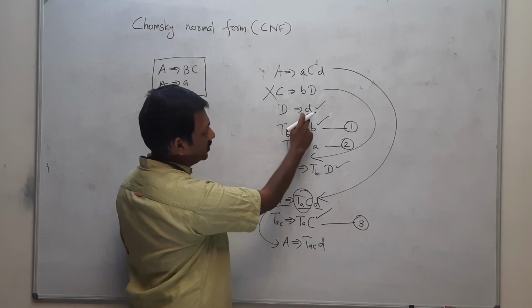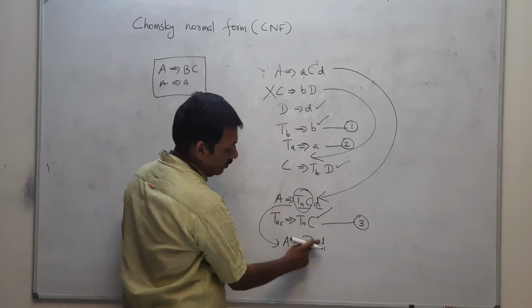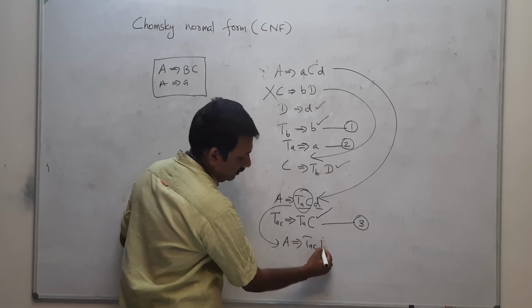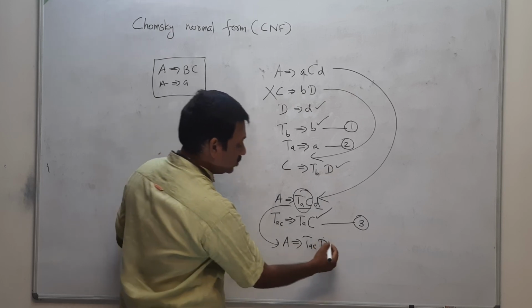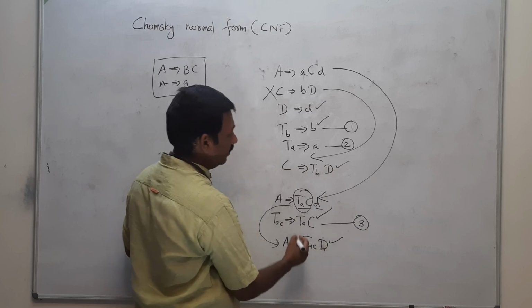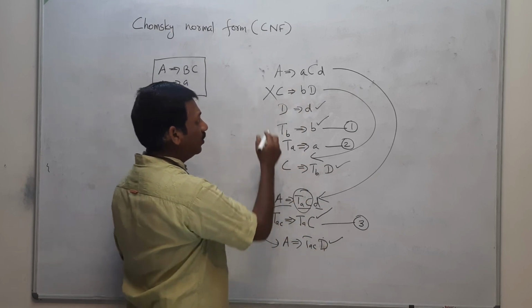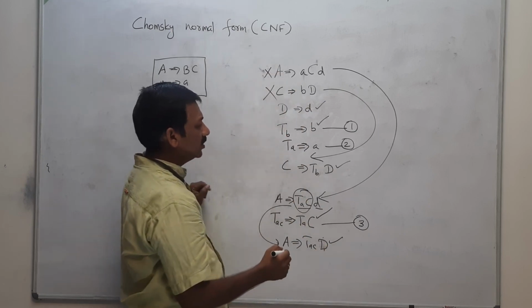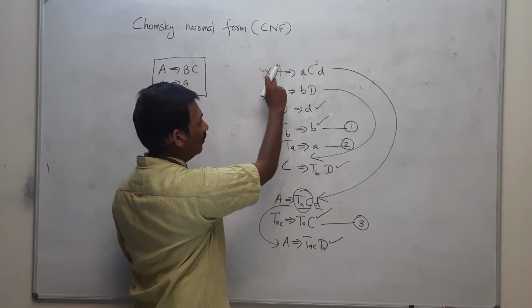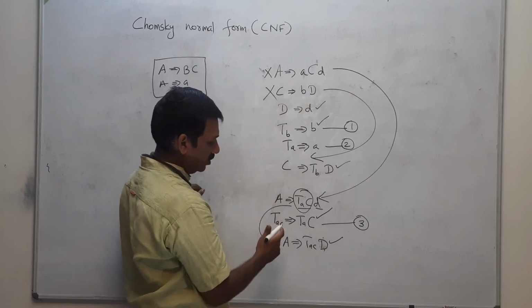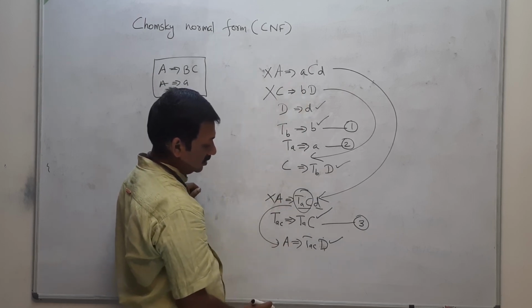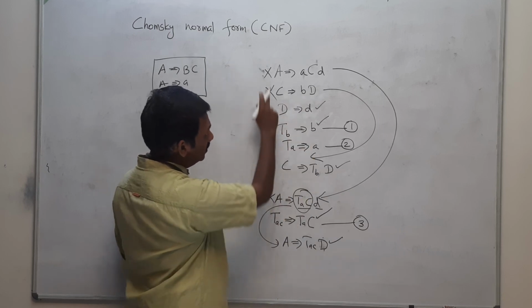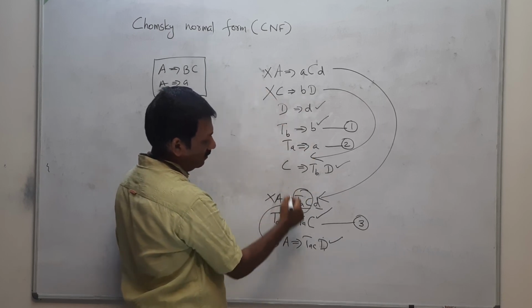D derives small d, so I am going to replace this with D. Now this also is in Chomsky normal form. And now I am going to eliminate the old production. There is no need of this production anymore. We don't need this, and we replace it with this set of productions.